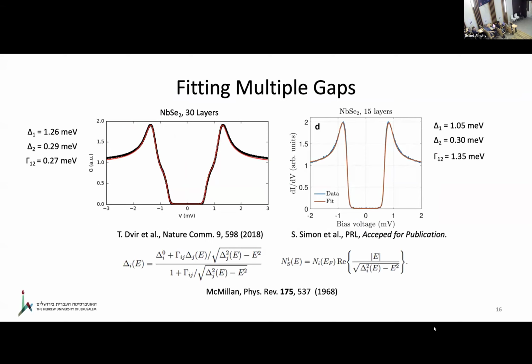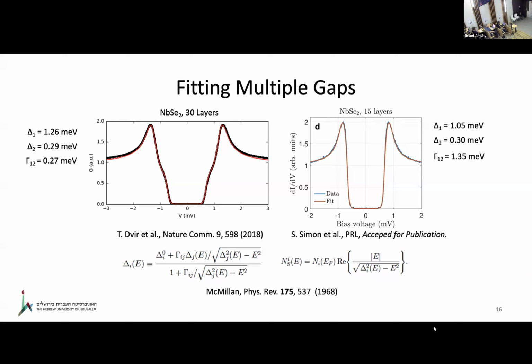This is the spectrum of NbSe2 at 30 layers, 20 nanometers. You clearly see two spectral features, and it fits very well with the McMillan model of two gaps. But notice this coupling term, which is a term of scattering between the two gaps. It is about a fifth of the bigger gap.